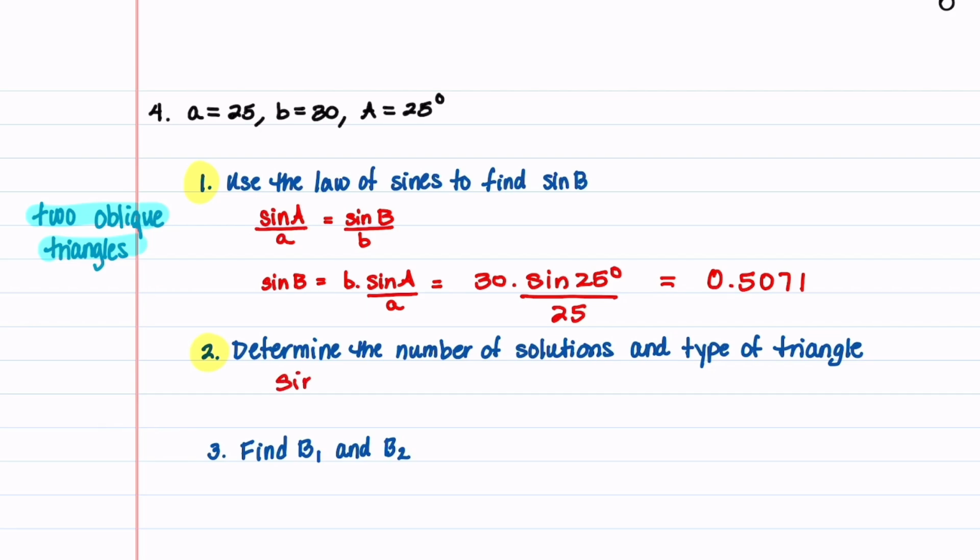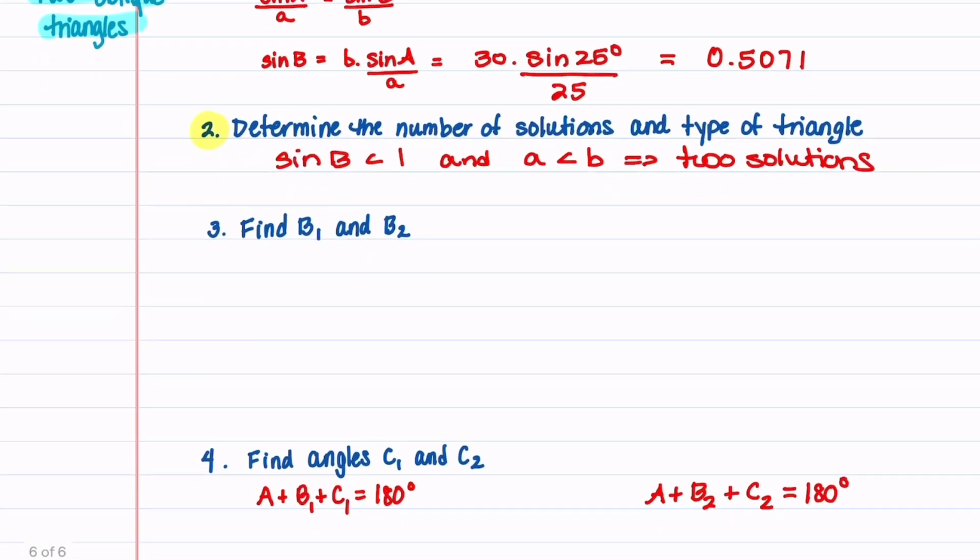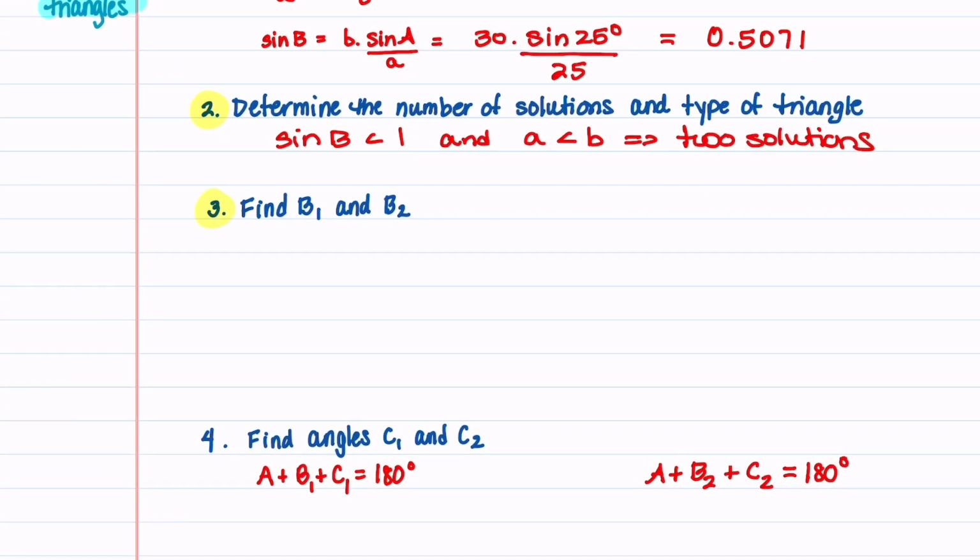Let's now determine the number of solutions and the type of triangle. Sine B is less than 1, and this time a is less than b, so that tells us that we're going to get two solutions and two triangles. Our next step is to find our two angles, which we're going to call B1 and B2.